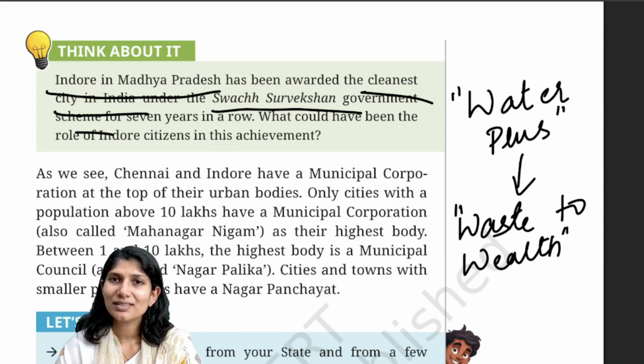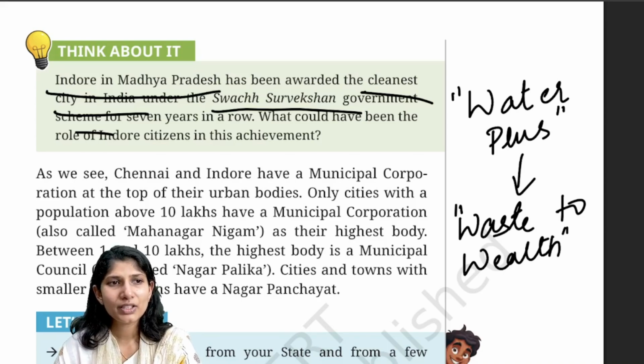I told you, when citizens participate in the democratic process, this will lead to good governance. And now when your Indore, or your Swachh Survekshan like we are talking about, is introducing it, it is one step towards enhancing participatory governance or participatory democracy and enhancing good governance.